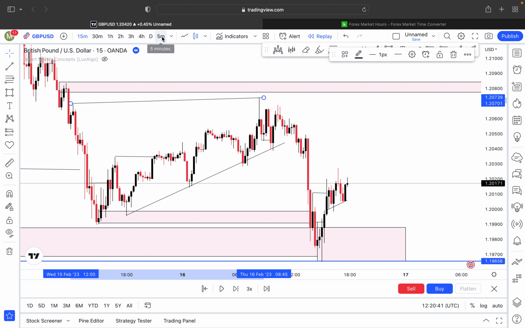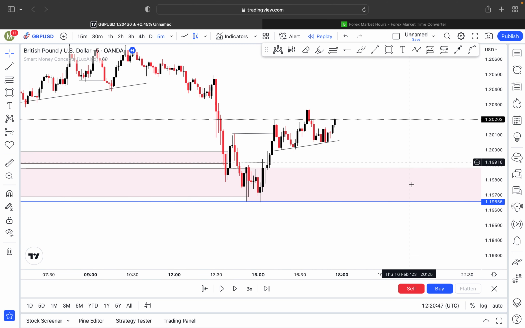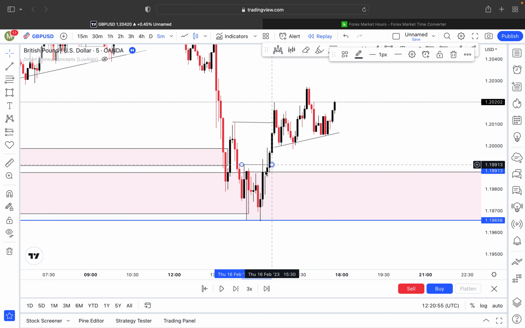So I go back to 5 minutes to show how we got this entry of a buy here. We had that change in character here, and I always confirm my change in character when I have a clear close of the candle above the range.